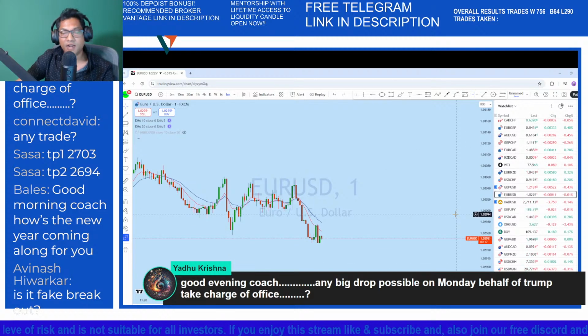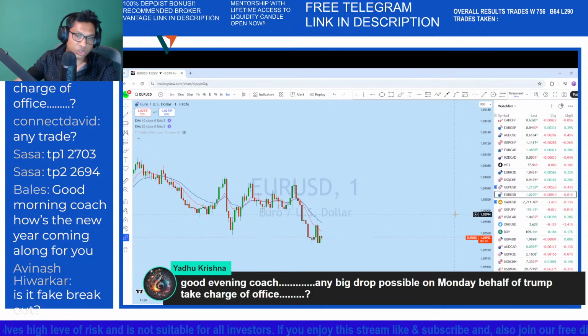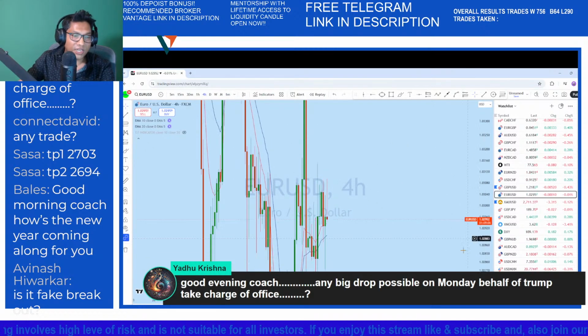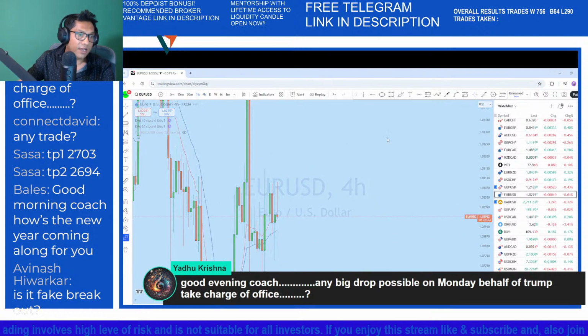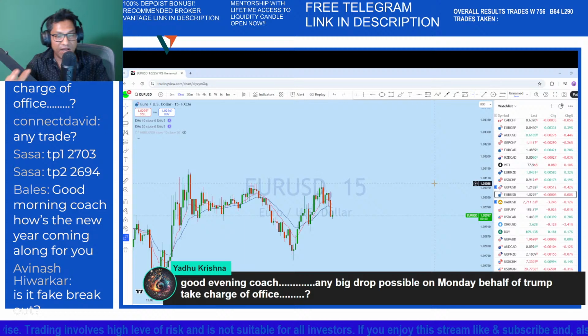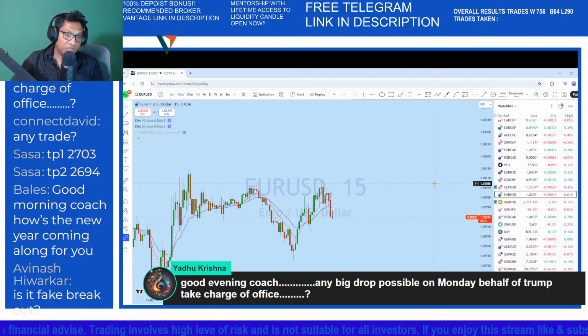So we'll be waiting for the best entry possible. Sometimes the market delays and we have nothing to do with it, but the best way is to wait for the market to show its hand, which is very important to look at. When the market is showing its hand, this is where you will see the market in fact showing the better trading opportunity. And it's important to always look for the market which is showing its hand.